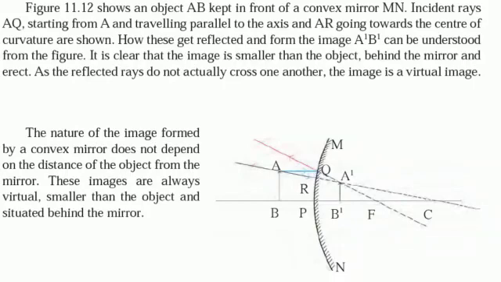An image which is not taken on the screen is called a virtual image. These images are always virtual, smaller than the object, and situated behind the mirror. Where is the image formed? It is forming behind the mirror. This is an important point of this image formation.